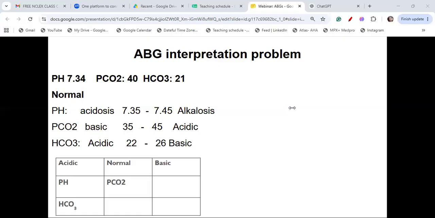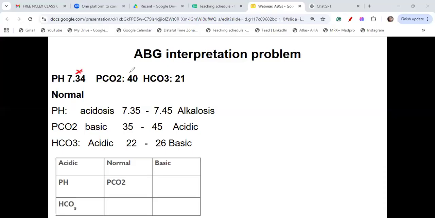So the pH we're given is 7.34, PCO2 40, bicarbonates 21. The same thing I said: we start by checking if our parameters are within the normal range or not. So let's start with pH. Is our pH within the normal range? Our pH is not within the normal range.